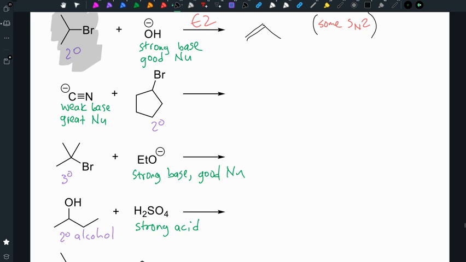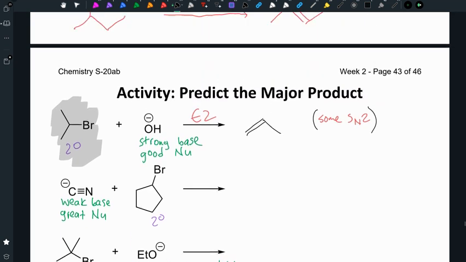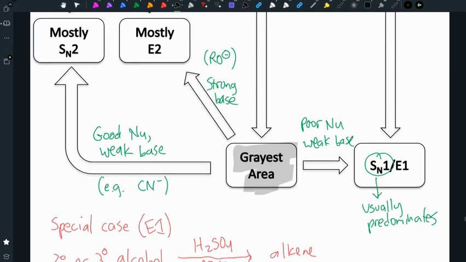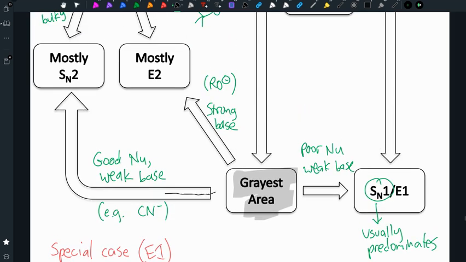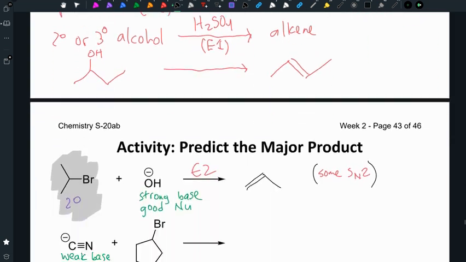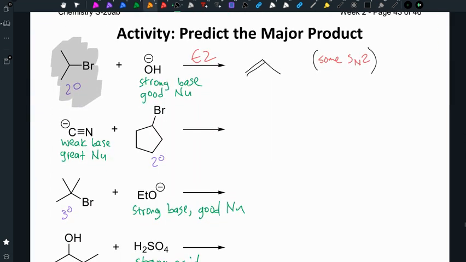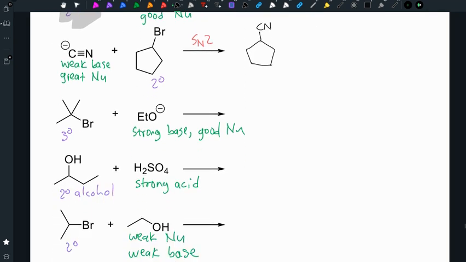The second one, secondary with a weak base, it's a really good nucleophile. That's where I am going up this pathway. So I'm doing mostly SN2. All right, tertiary.